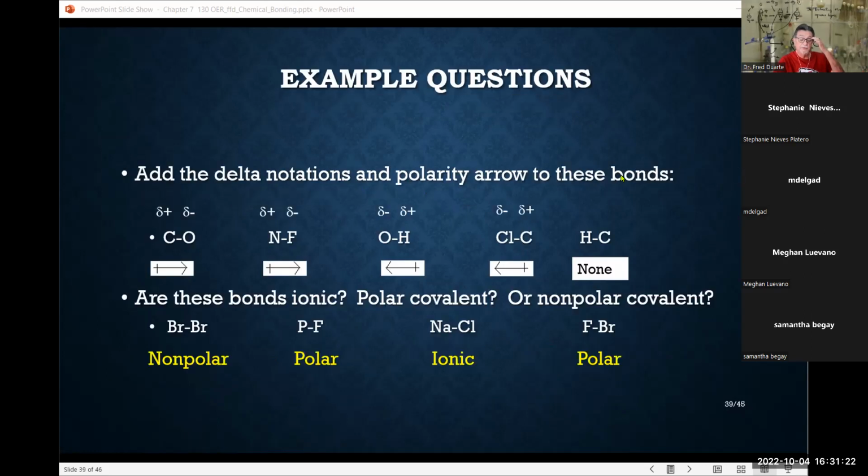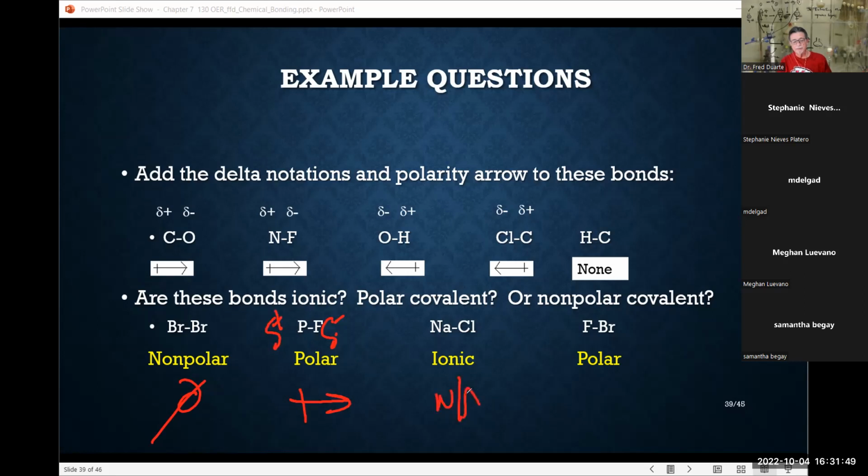Now, if we needed to draw the dipole arrow, well, with the bromine being nonpolar, no dipole arrow there. It's not polar, so nothing there. Phosphorus and fluoride automatically, since fluoride is the most electronegative, it goes through in the direction of the fluoride. So that gives me a partial negative on the fluoride, partial positive on the phosphorus.